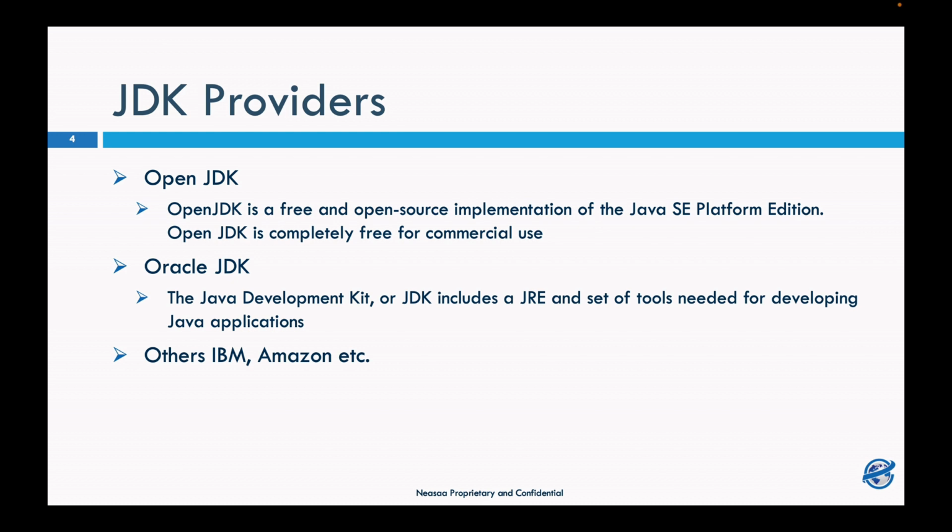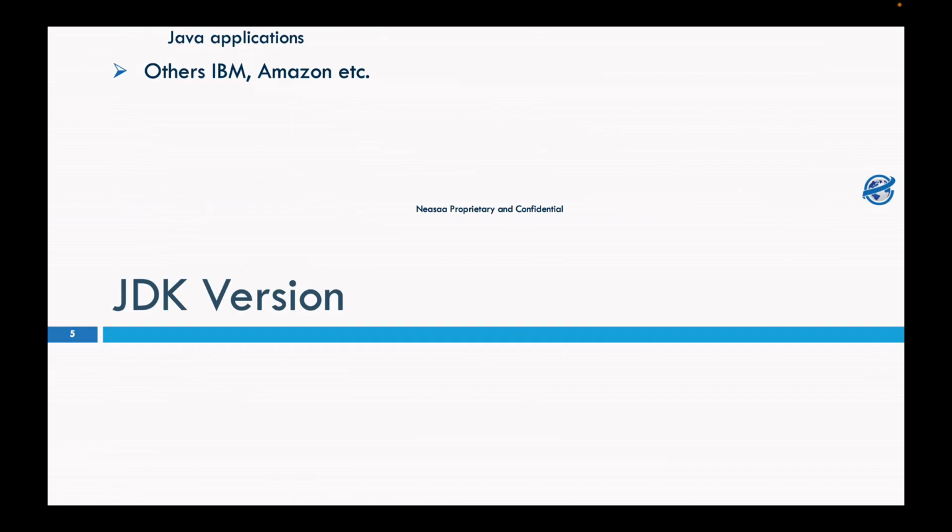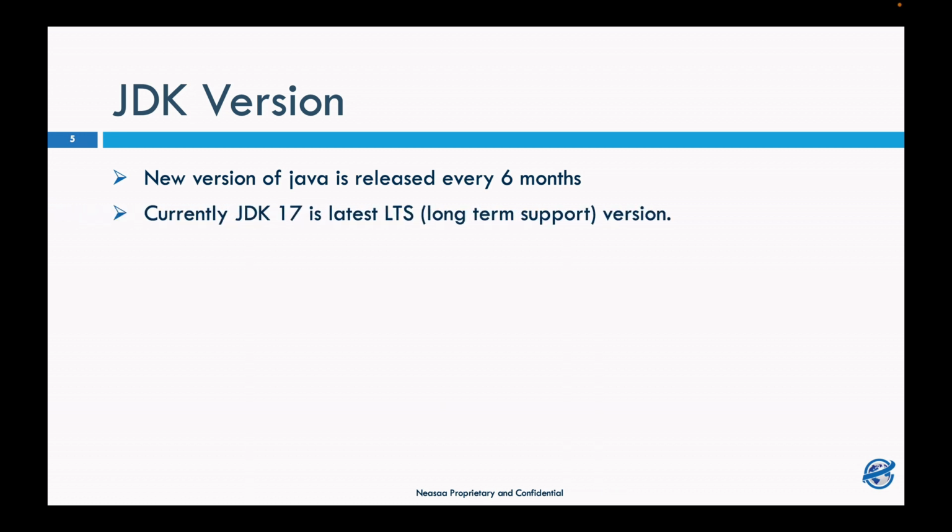Again, once we decided we are going to install JDK, the next question is which version of JDK we should install. So Java releases a new version every 6 months, and on every alternate year they release a software version which has long-term support. That means the provider is going to support that for long term.